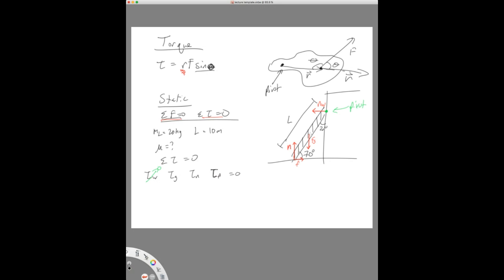So if a force would make it go counterclockwise, which is this way, then I'm going to give it a plus sign. And if it wants to go the other way, it's going to get a minus sign. So go ahead and fill those signs in on your own on the paper first, just to test your thinking on your notes. And then I'll fill them in.